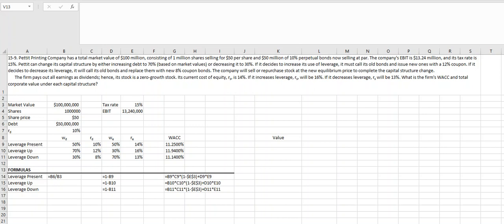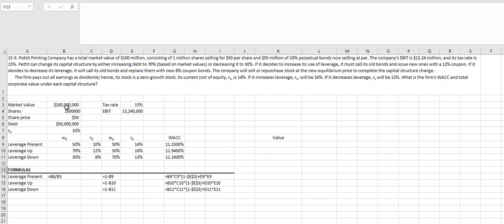What is the firm's weighted average cost of capital and total corporate value under each capital structure? So I've set this up in a way that hopefully you can understand what's going on. The background here, market value is 100 million. We know that's comprised of 1 million shares selling at $50 per share. So there's a total of 50 million in equity, and then debt of 50 million at a cost of 10%.